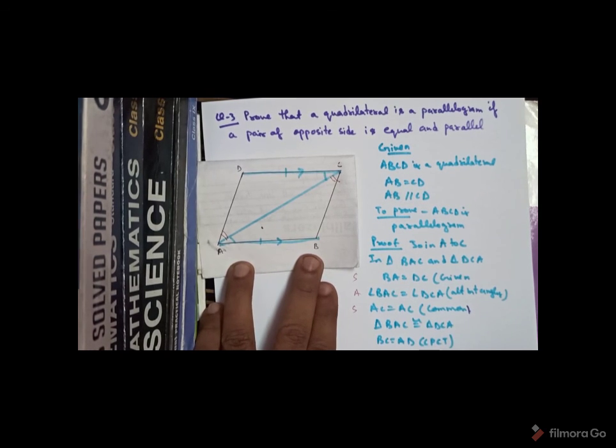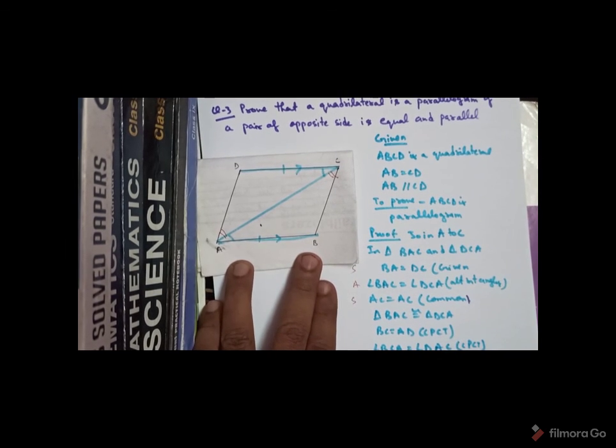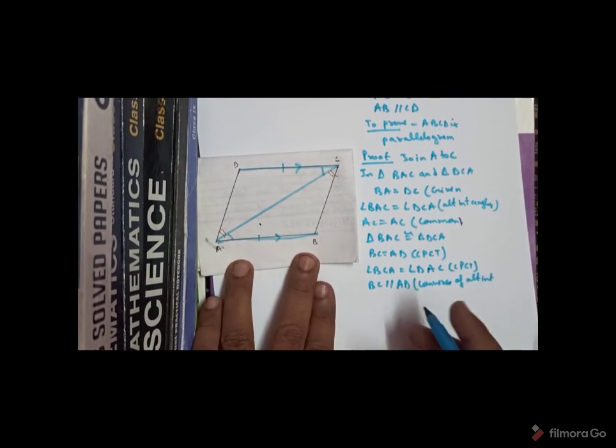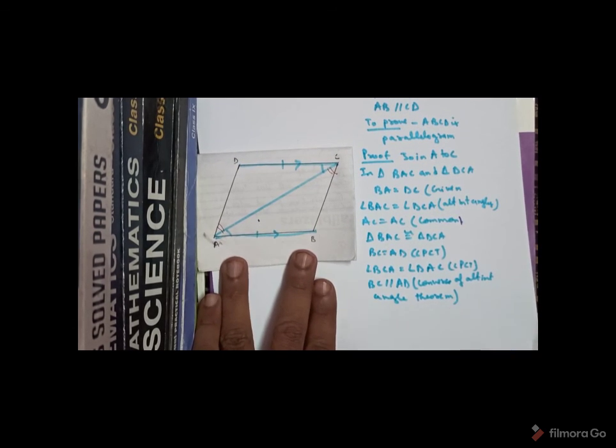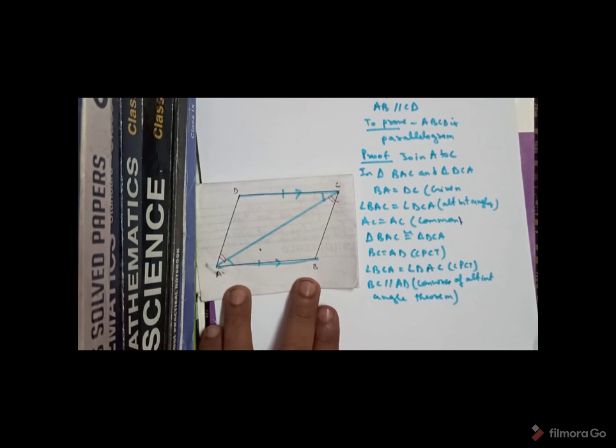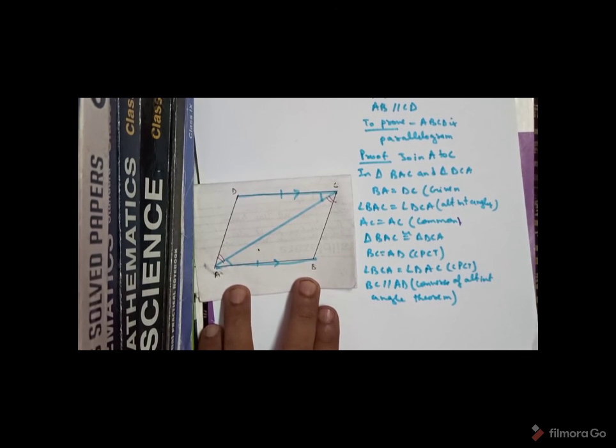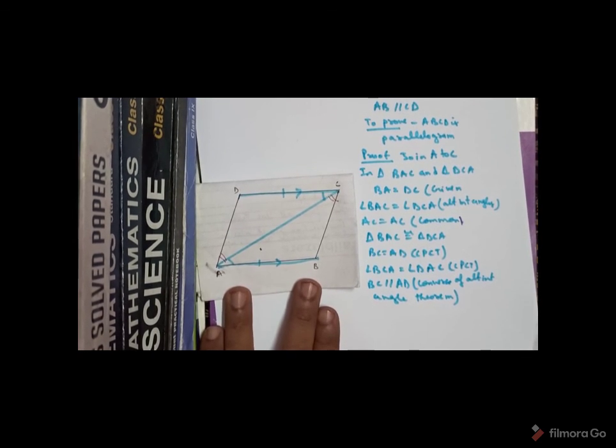By CPCT again. And if they are equal, then again we can say that BC is parallel to AD by converse of alternate interior angle theorem. As we say, in a quadrilateral, if the alternate interior angles are equal, then the corresponding sides will be parallel to each other. This is known as the converse of alternate interior angle theorem.